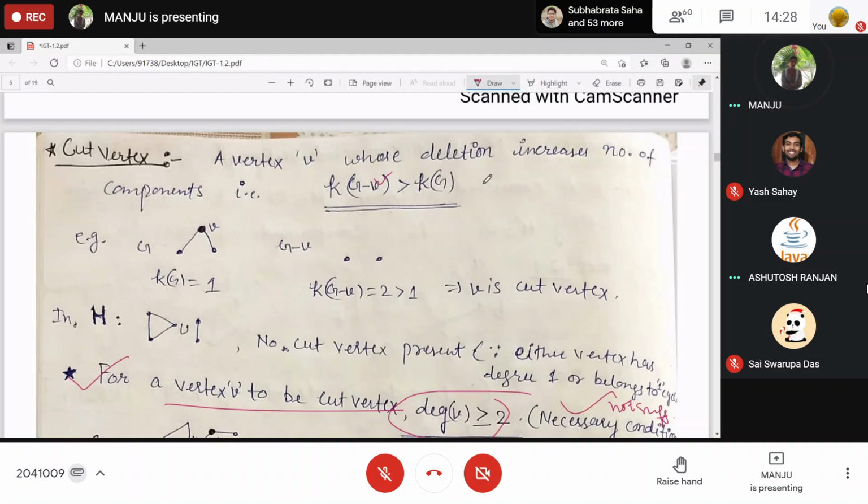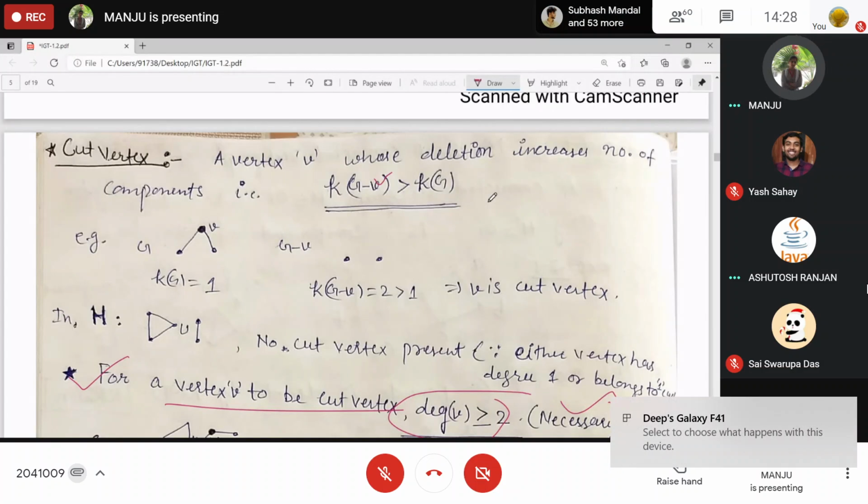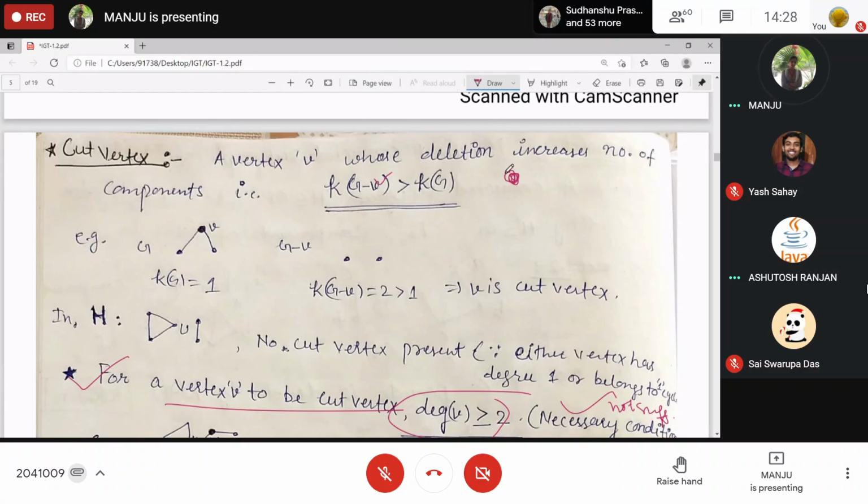P1, how many cut vertices? 1 cut vertices. That is, does it have any cut vertex?